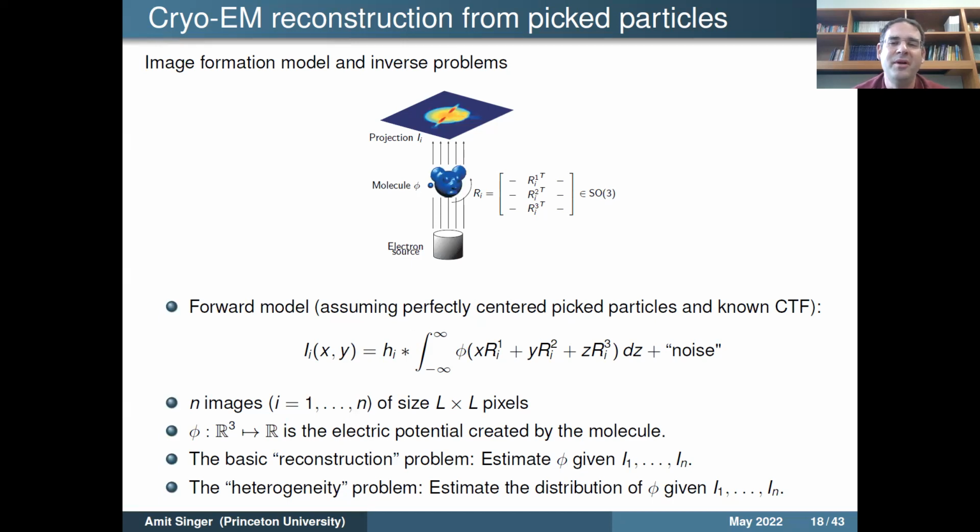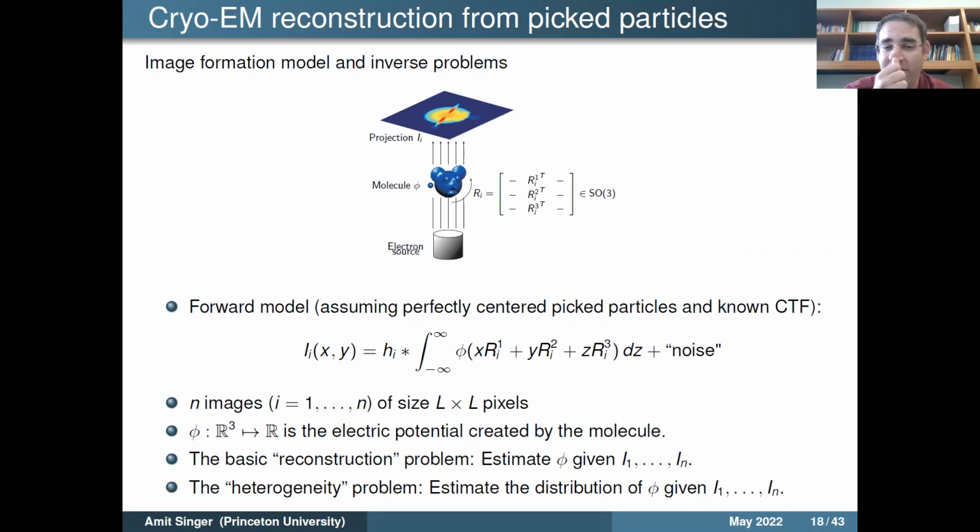I don't want to get into the details of the CTF, but it is there, and it could be different from one image to another. So the basic reconstruction problem is to estimate phi given n such noisy images. That's the basic inverse problem in cryo-EM.